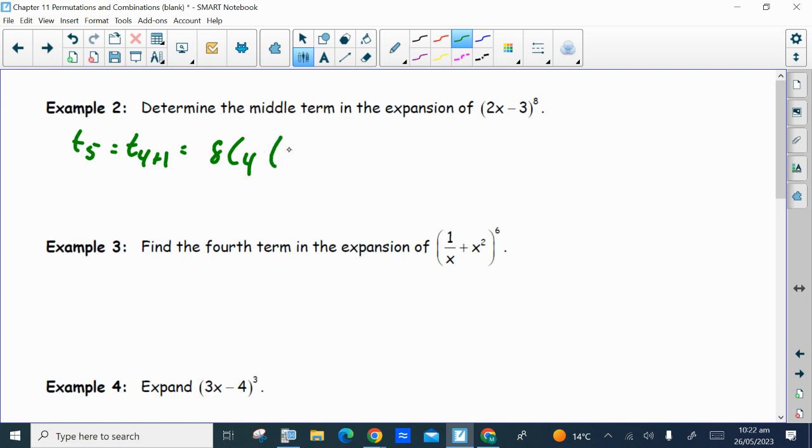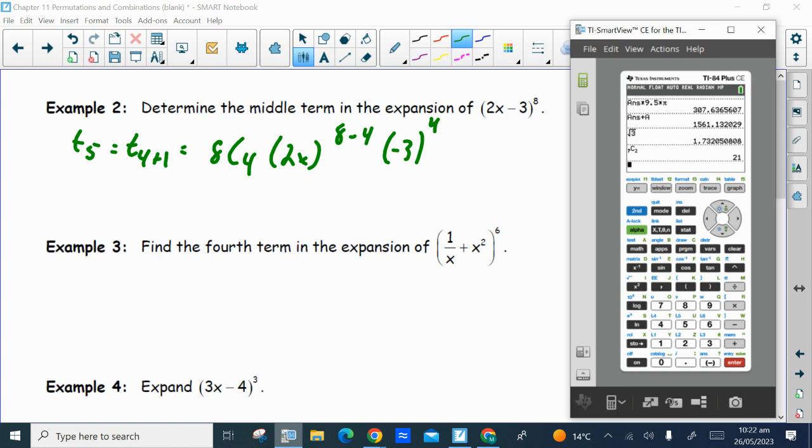The first term of the binomial now is 2x. That's raised to the n minus k. The second term of the binomial is negative 3. That's raised to the power k. So 8C4 is 70.